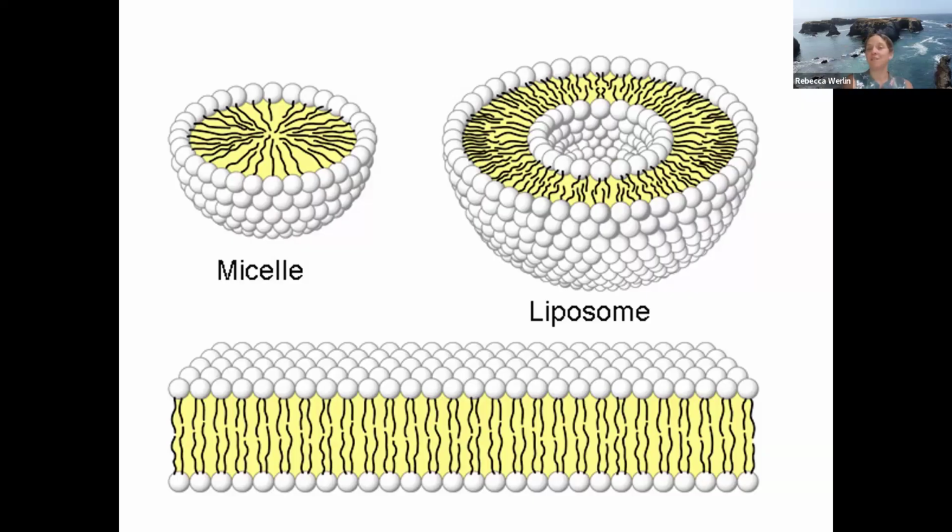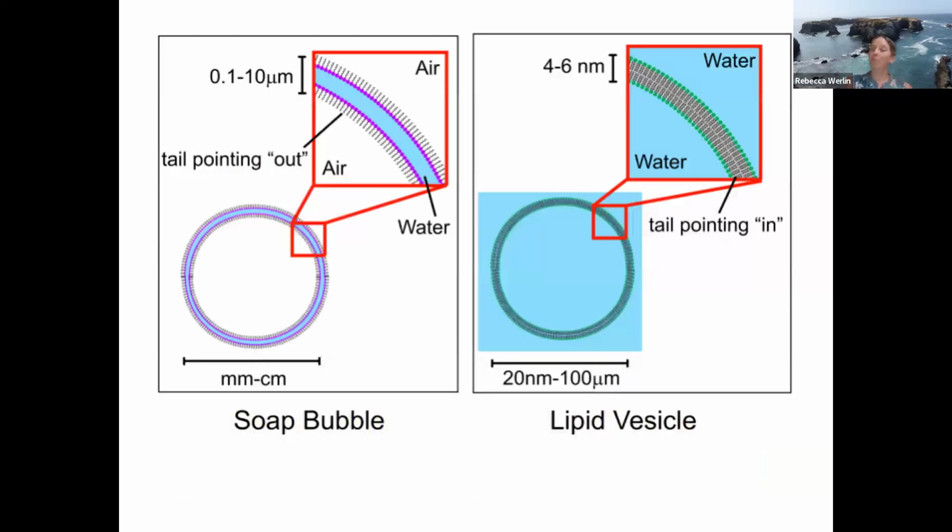And so this gives us our cell membranes in that we have hydrophilic head groups facing out, a hydrophobic tail group, and a hydrophilic head group facing in. You get separation of the outside environment from the cellular environment. So soap bubbles, hydrophilic heads face into water, and hydrophobic tails face out.